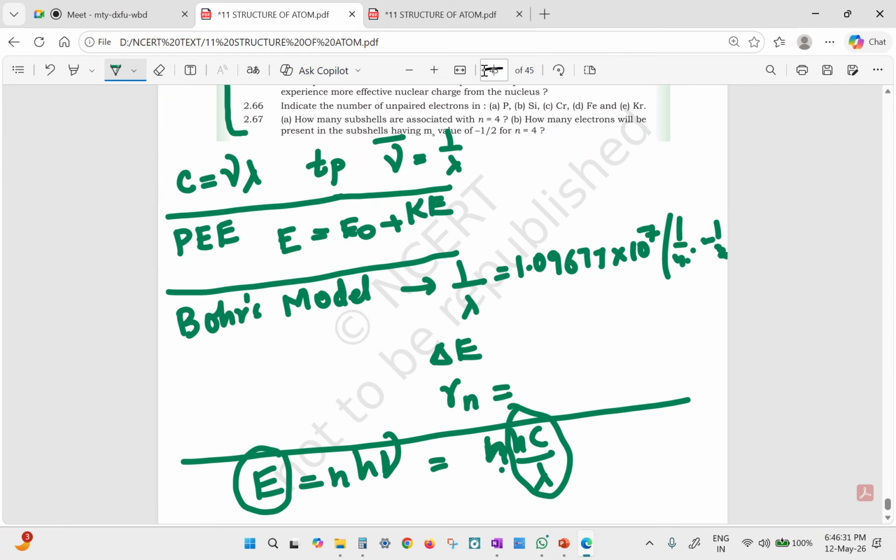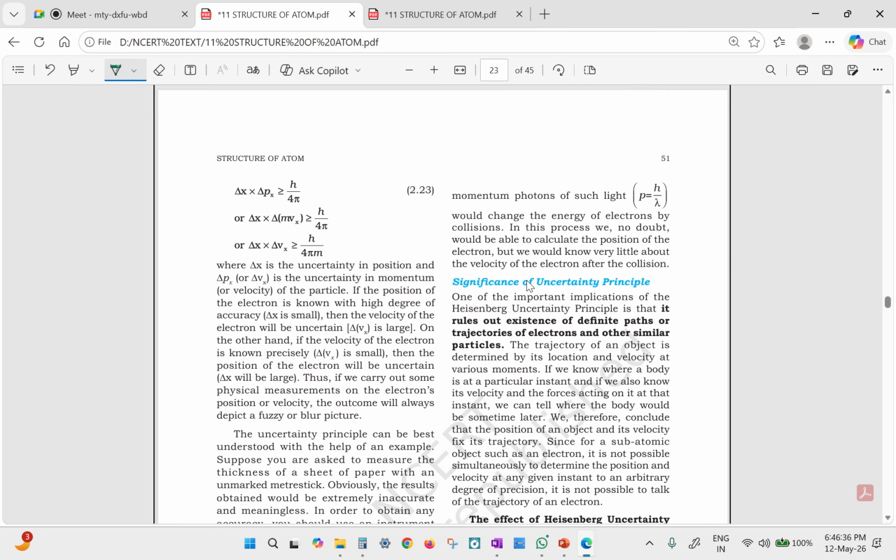If we are so uncertain, then how can Bohr say that the electron is found at a distance of 52.9 n square? Is it right on the part of Bohr to claim that electron is located here? It won't be exact. Bohr proposed that an electron is present at this distance.